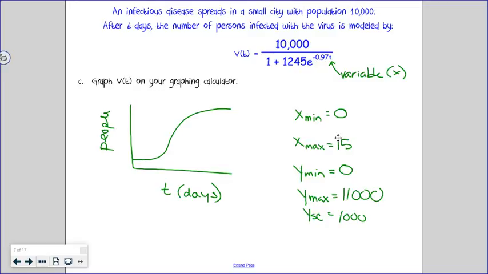How do I get it to show that when it levels out? All right, so we're going to change our window to that stuff up there.